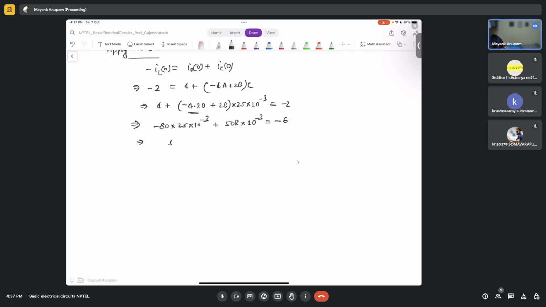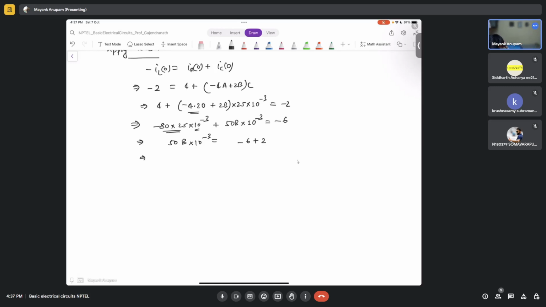So 50B into 10 to the power minus 3 is equal to minus 6 plus, what is this, 25 into 80? 2000, right? And into 10 to the power minus 3 is simply 2.